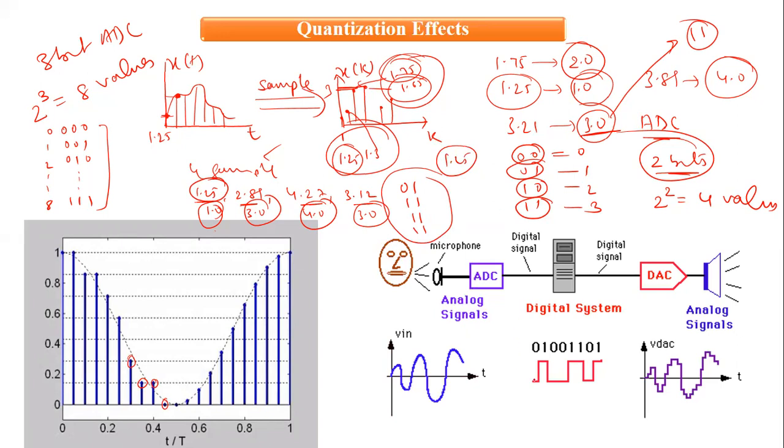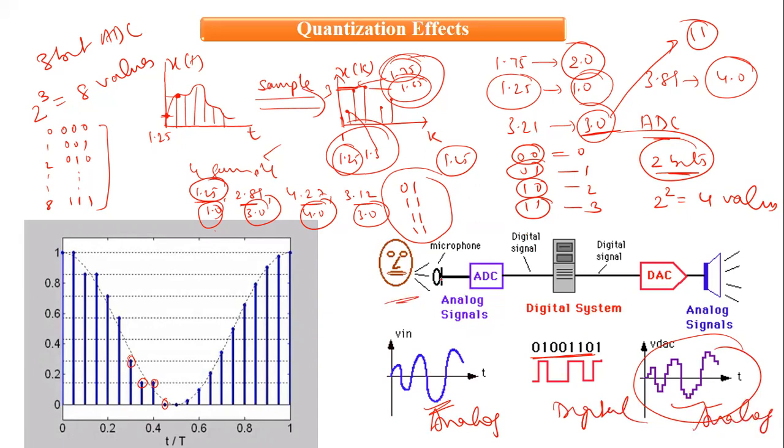Here you can see in this particular diagram, you have an analog signal, you have its digital representation, and you have the reconstructed analog signal: analog, digital, and analog, right. So this is a real time example. Here you are speaking something on a microphone, it is being converted into a digital signal going to some digital system.